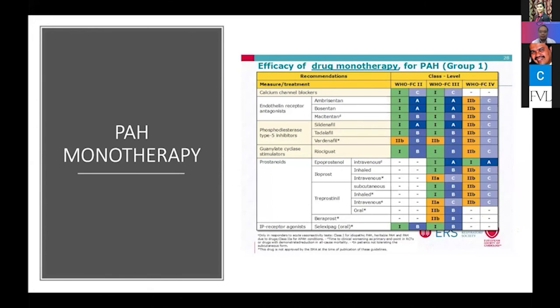In this group is also included the guanylate cyclase stimulator, which is riociguat. And you have the IV and inhaled treatments, which are the prostanoids. These prostanoids are really expensive medications. The newer one, which I'm not so familiar with, is the IP receptor agonist, selexipag.